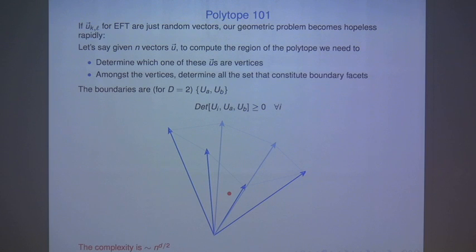For example, for the previous two-dimension problem, you collect all of these vectors in pairs, and if you take any pair and take the determinant of this pair with any other vector, if the pair forms a boundary, then this determinant will always be positive, greater or equal to 0 for all i's. So you need to do this computation.